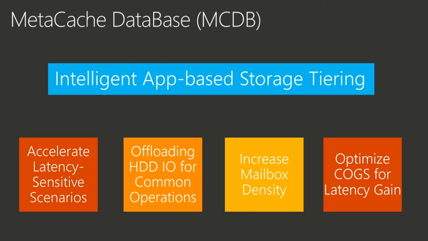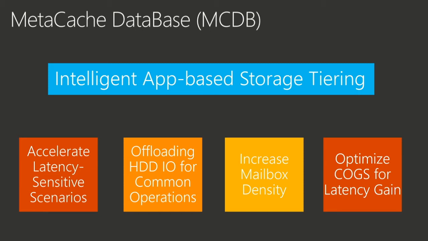So Metacache database is our intelligent app-based storage tiering solution. We're going to be using this to accelerate latency-sensitive scenarios. We're able to identify those common operations, not only accelerate their latency, but offload HDD I/O. And once we offload those HDD I/Os, we can then increase our mailbox density, and do all of that without breaking the bank, right?